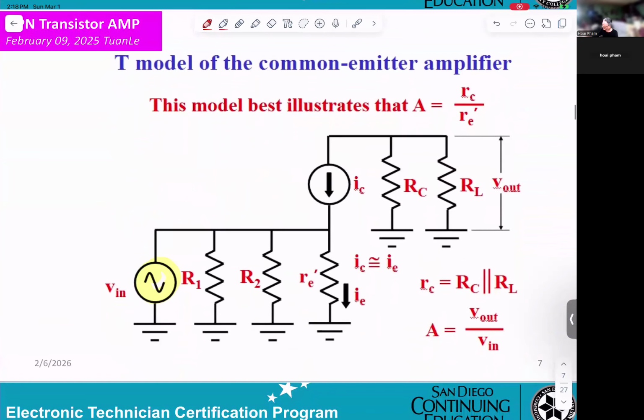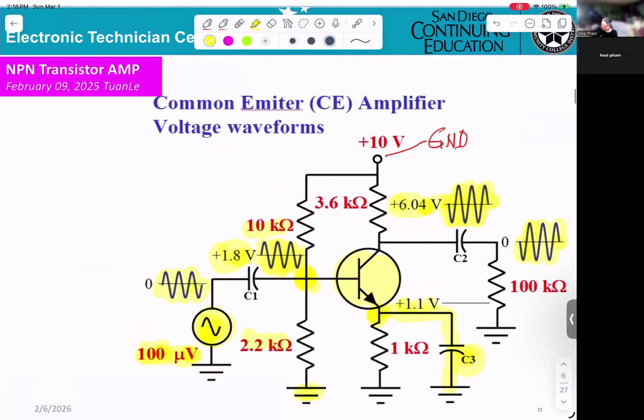That's why R1 and R2 connect one side to the base and the other side will be connected to the ground. The 10 volt now connects to the ground, okay?